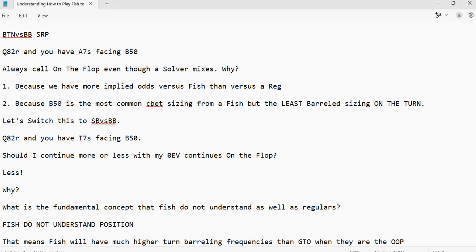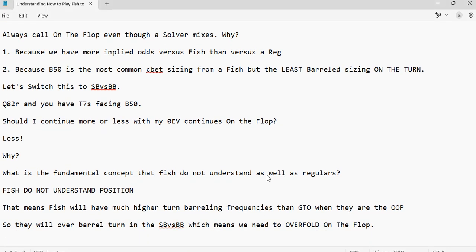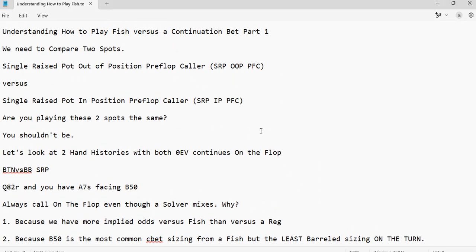So our exploit versus a fish is to overfold flops in a small blind versus big blind, but we can call more in the button versus big blind because if they bet 50, they barrel around GTO percentages and we have more implied odds versus a fish. So our exploit is, because fish do not understand position, we overfold in the big blind versus a small blind c-bet, and versus a button versus big blind, we can overcall because we know it is the least barreled sizing on the turn when they use half pot, and we have more implied odds.